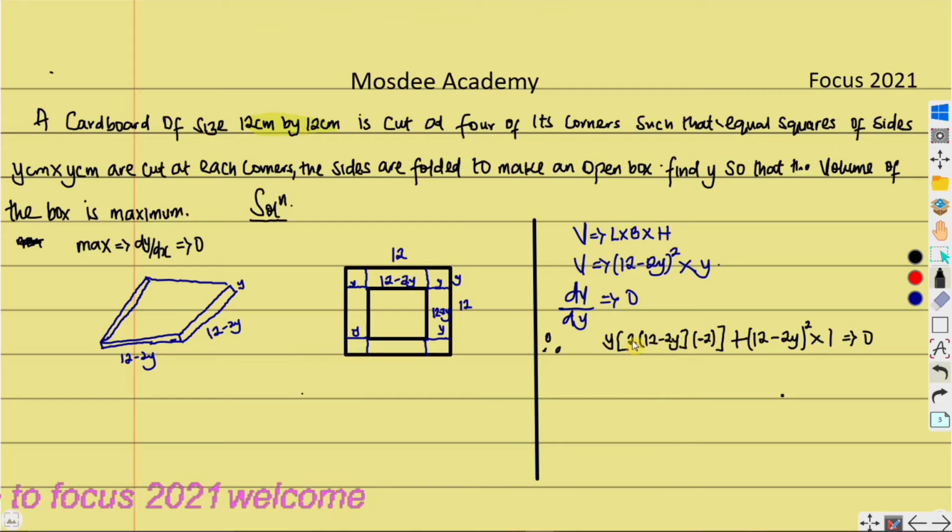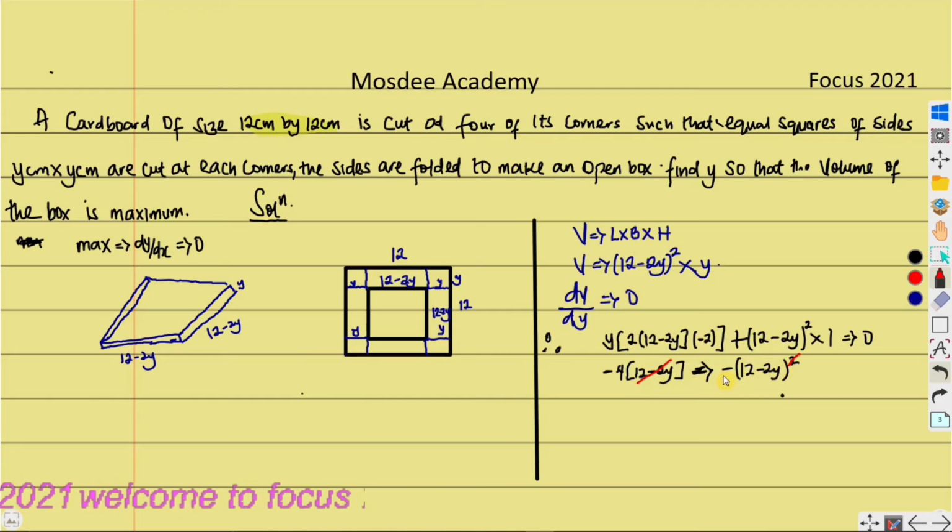This is our 2y and minus 2. So I can say negative 4y times (12 minus 2y), close the big bracket. I move this to the other side because this times 1 is equal to negative (12 minus 2y) whole squared. One of these, we take care of one of these.